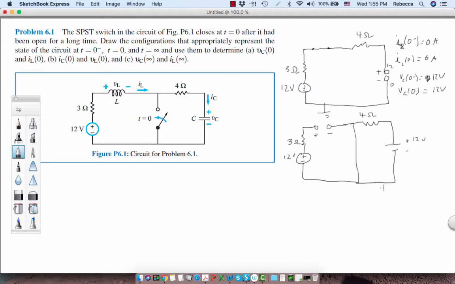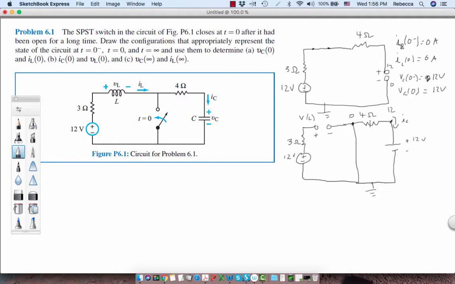And now we want to find out what is the voltage across the inductor and the current through the capacitor. So we have IC labeled here, and we have VL labeled here. Okay, so thinking that this acts as a battery and making this ground, then the voltage right here at the beginning is going to be 0, and the voltage right here is going to be 12.